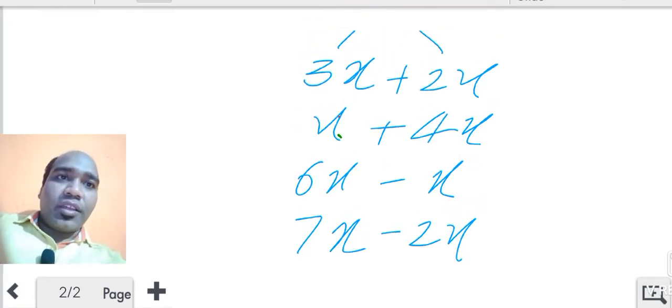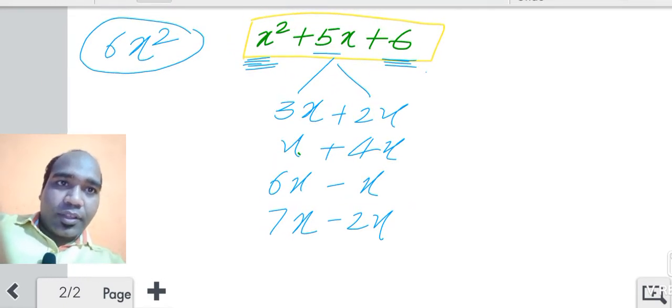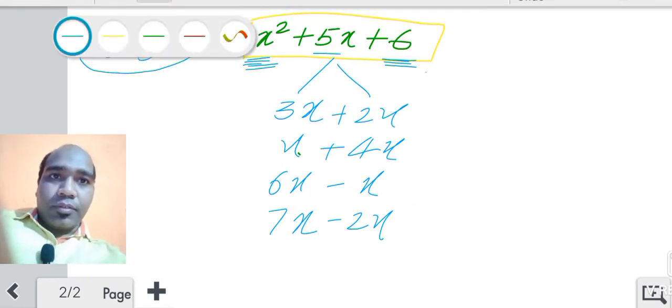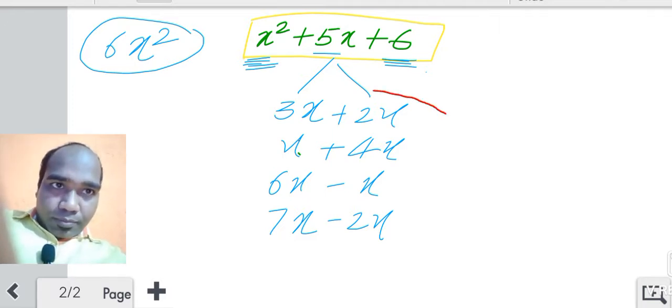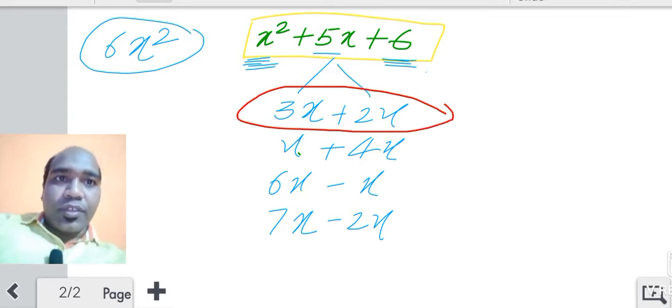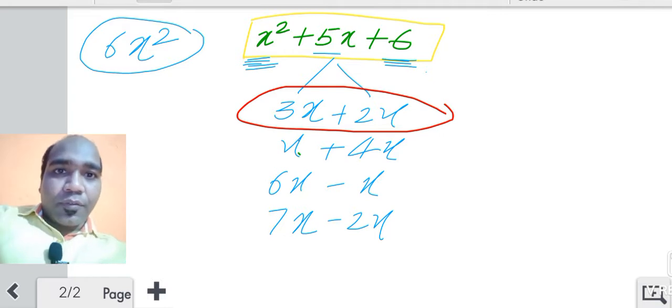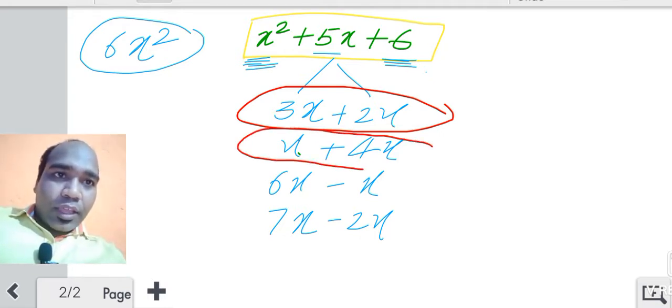So many ways are there to split 5x. Now we have to see which expression is fitting for our purpose.